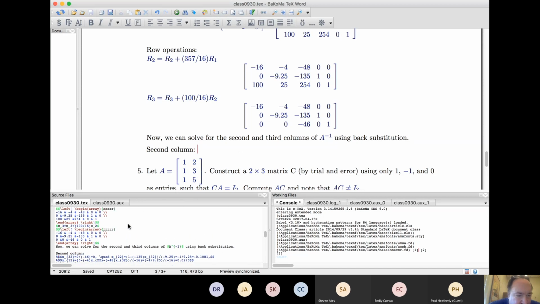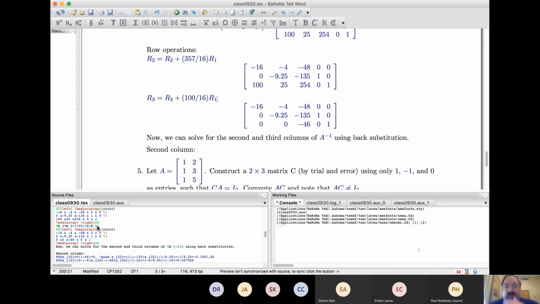Oh, and before that I need to fix a typo. That should be row 1, not row 2. There's something about the first row that led there to not be changed over here.